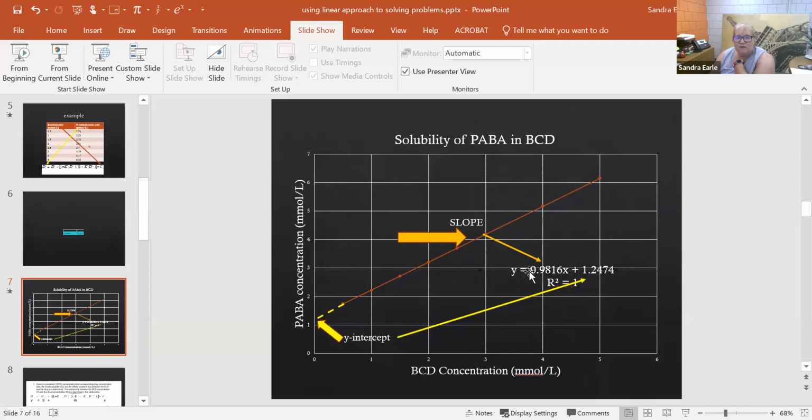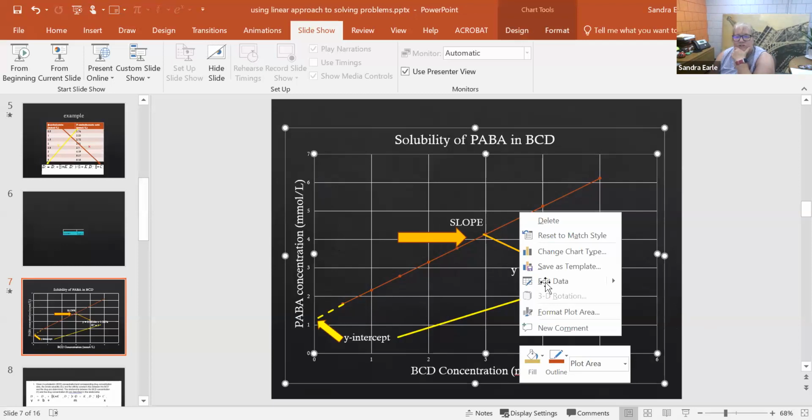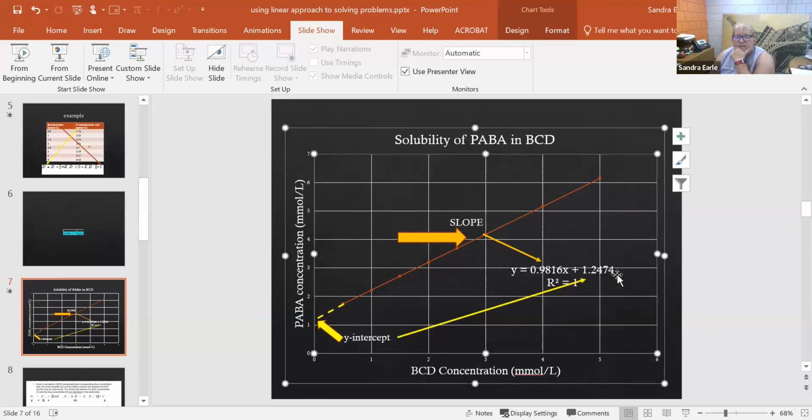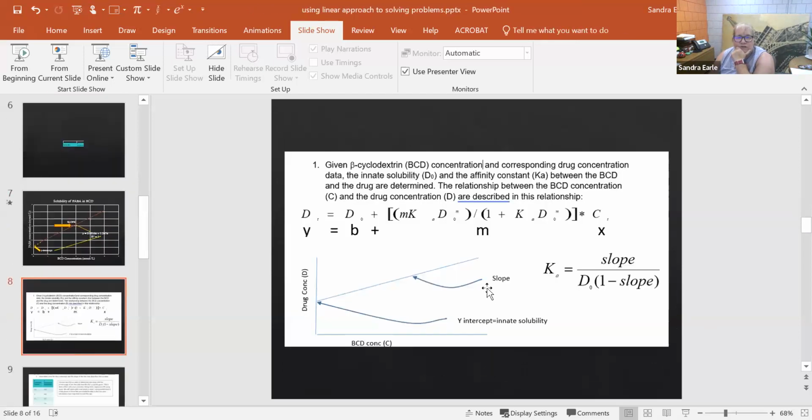Y, which is PABA, equal to the slope of our line, 0.981, times the concentration of beta cyclodextrin that we have, plus again the innate solubility. And this is a straight line, so the r squared is 1 here. All right, so slope, y-intercept is the innate solubility.